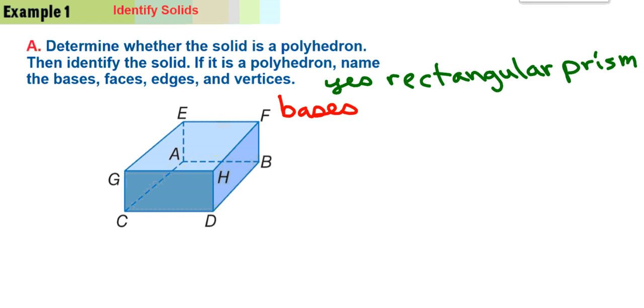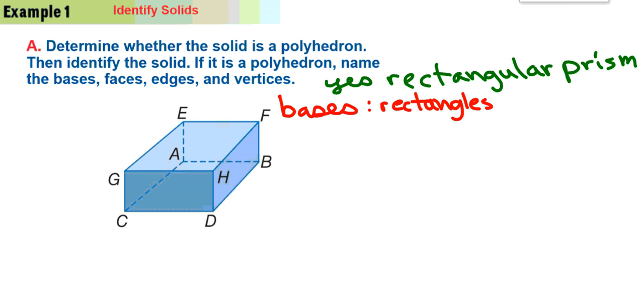Okay, the first one, let me repeat the first one. The first one is rectangle GEFH, correct? And the second one is CABD. So the bases, oh wow, I'm erasing. My bad. There we go. I might not say it in the same order you did because now I've kind of forgotten.